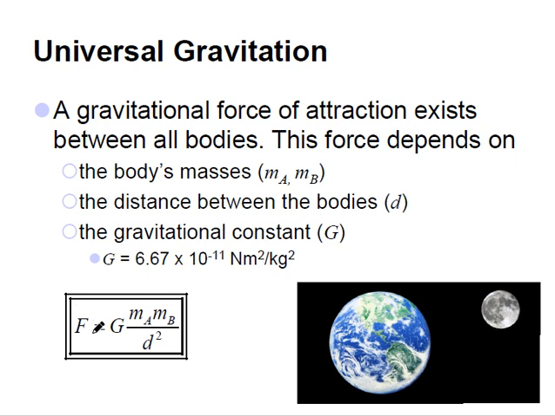You have the masses of the bodies, and here we have only two, A and B. Then we have the distance between the two bodies, measured from center to center, which is this right there.